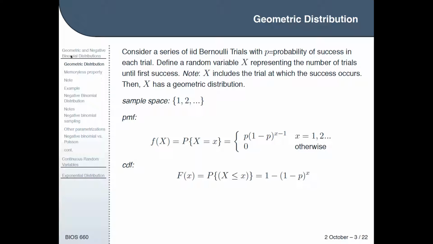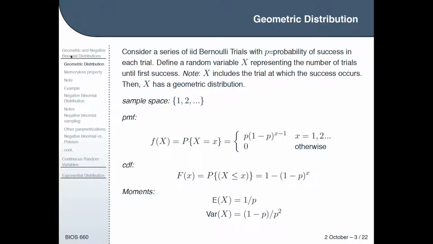And for that to happen, your first x trials have to be failures. The probability of that is (1 minus p) to the x, so the probability that your first success is within x trials is going to be 1 minus that probability, 1 minus (1 minus p) to the x.